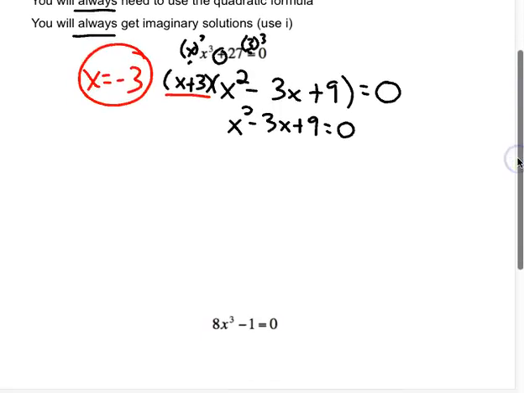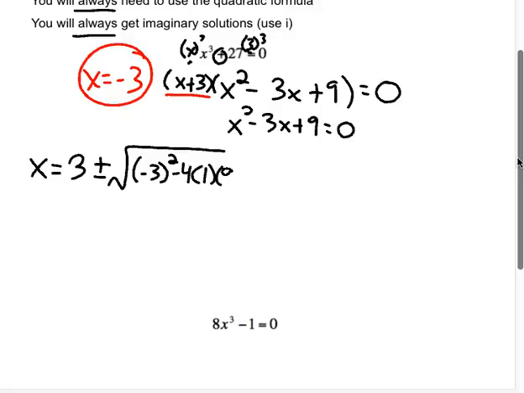So let's run through the quadratic formula. x equals negative b plus or minus the square root of b squared minus 4 times a times c, all over 2 times a.